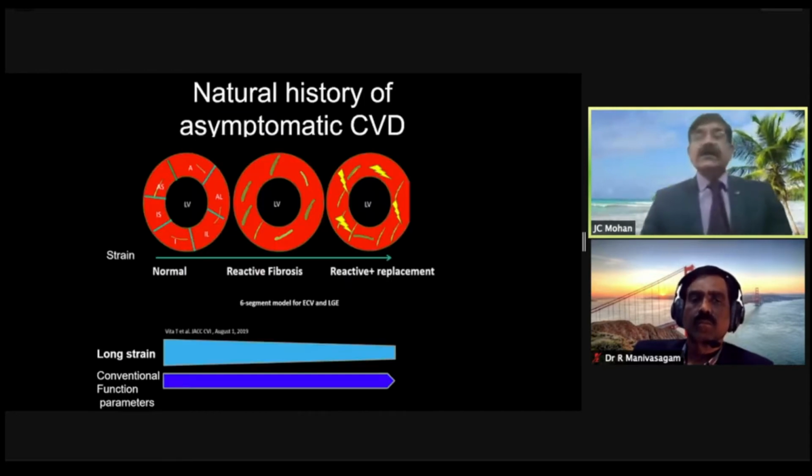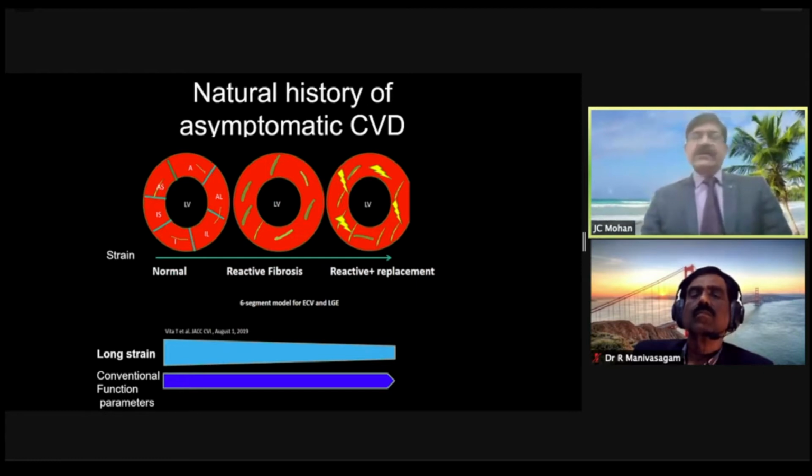So here is another cartoon to show you the same thing. Move from left to right. Left is the normal. Strain would be normal because there is a certain amount of extracellular volume or extracellular fraction. With disease processes like diabetes, hypertension, ischemic heart disease, multiple inflammatory disorders, there is some degree of reactive fibrosis.